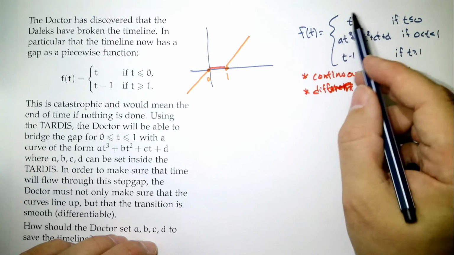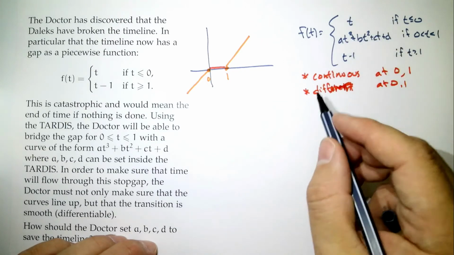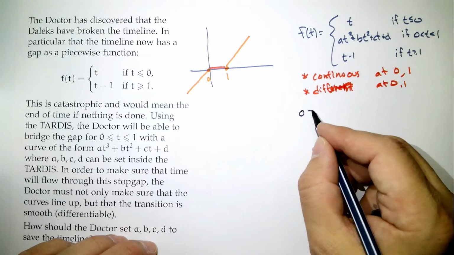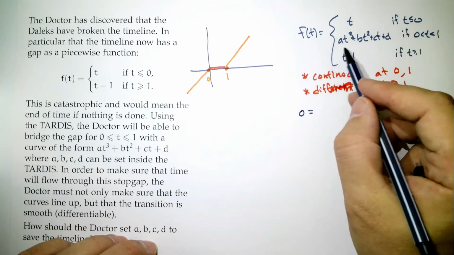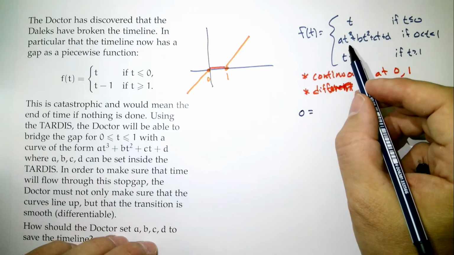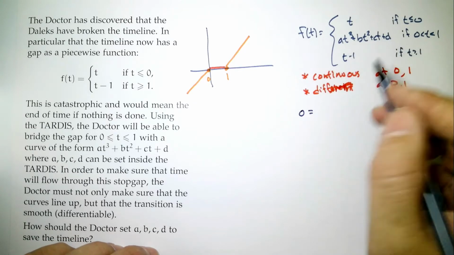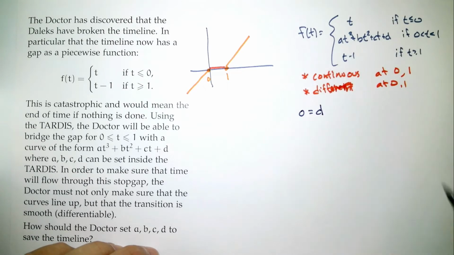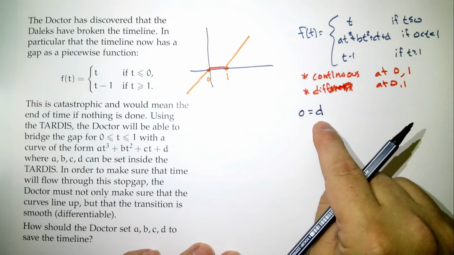So from the left-hand side, you just plug 0 into here, which would give you 0. And that better match up with what would happen if you plugged 0 into this new form. Well, 0 is a very convenient number. You're going to get 0 plus 0 plus 0 plus d. Whoa. We've already solved 1/4 of the problem. That's pretty good. All right, so this will assure that we're continuous at 0.